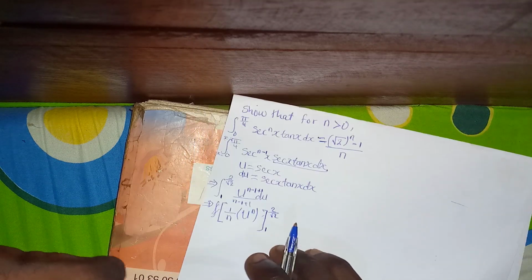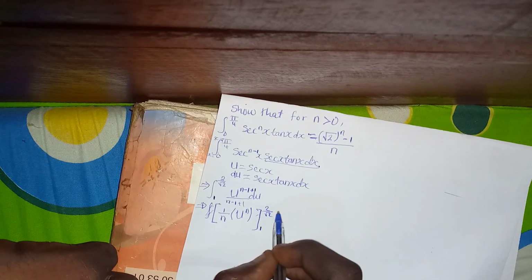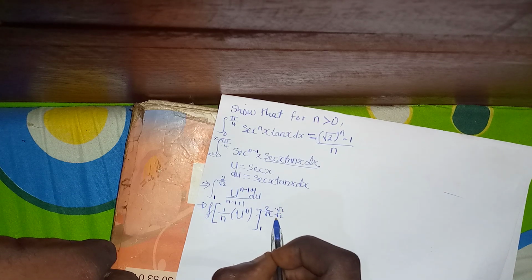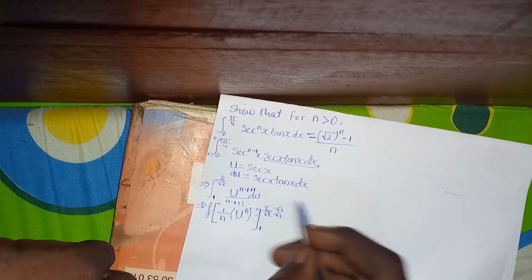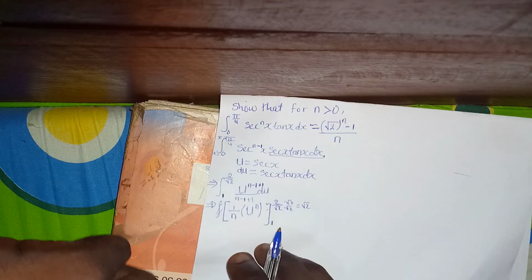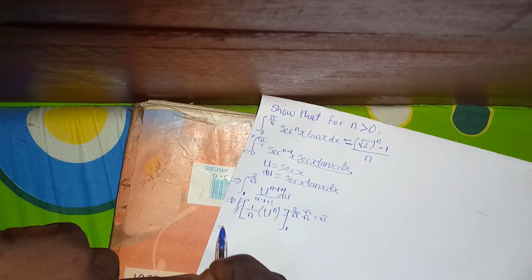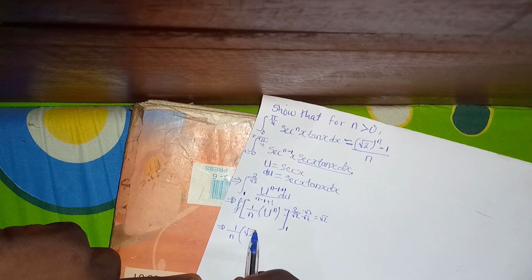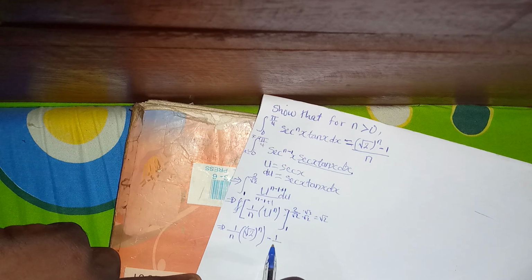Or we can look at this 2 over root 2 as, if we multiply by root 2 on top and bottom, the 2 cancels and we just have root 2 back. So let's plug in the limits. We're now going to have 1 over n outside, then root 2, because we are putting it in place of u, root 2 to the power n, minus 1 to the power n.